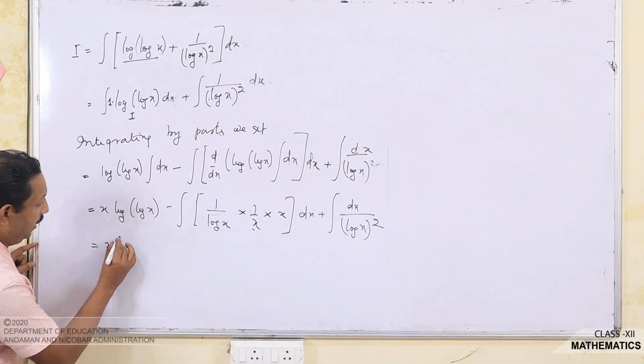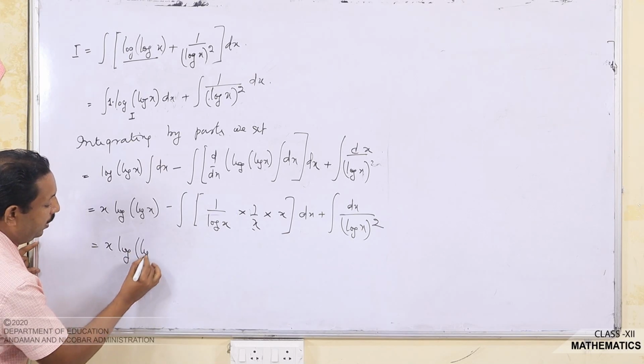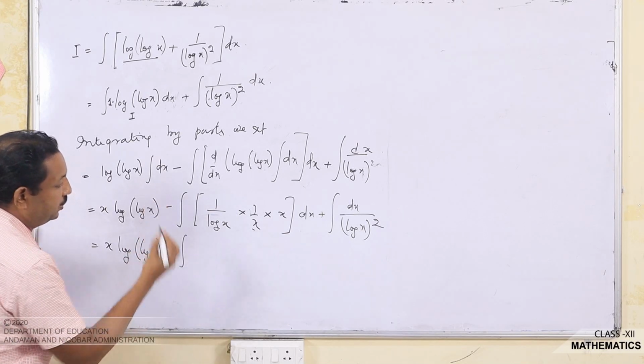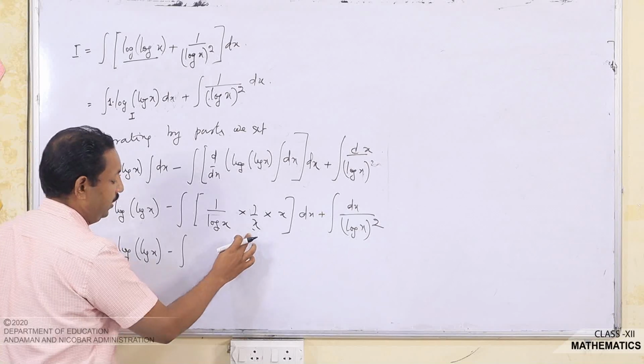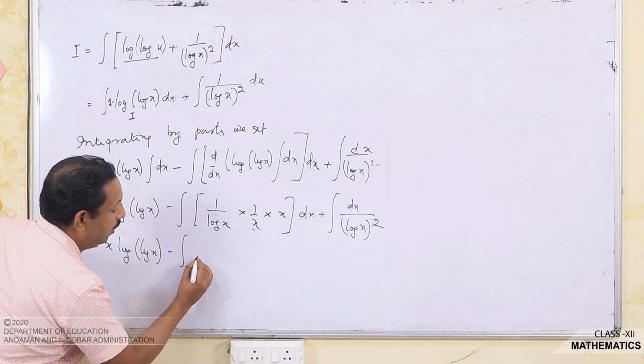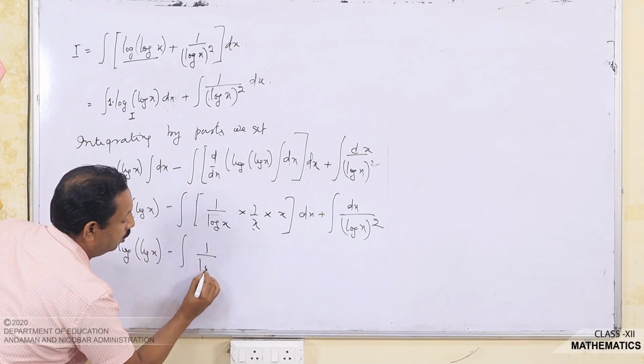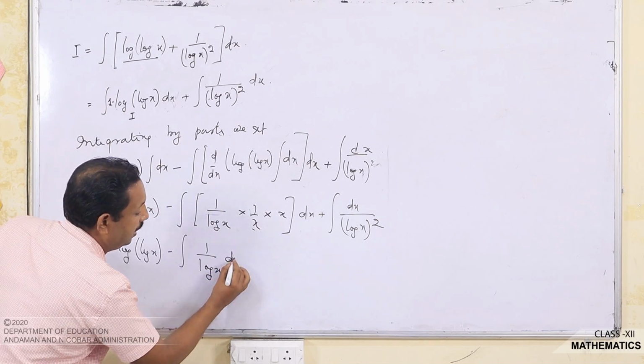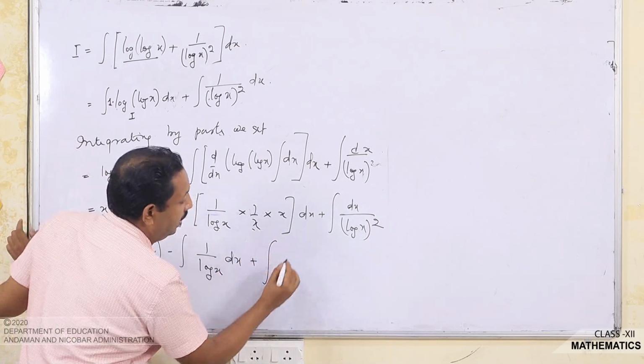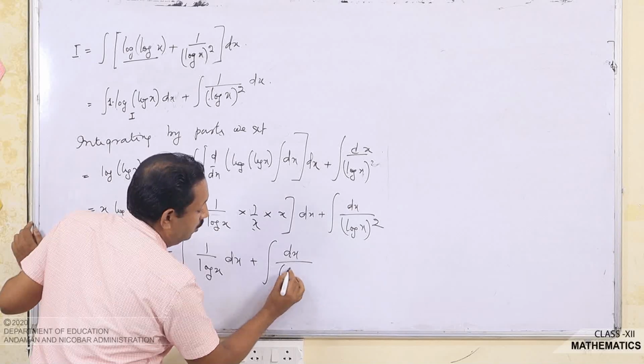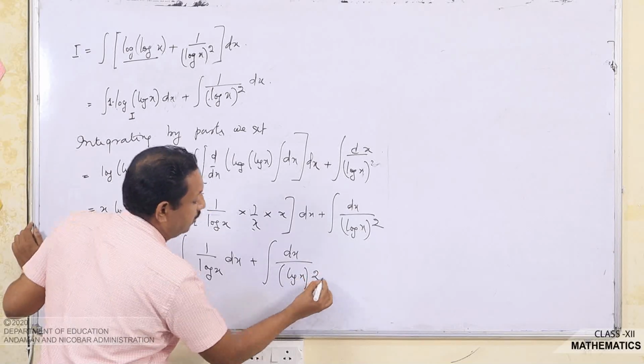So x log of log x minus integration, see this x will cancel, you will have 1 upon log of x dx plus integration of dx upon the log x the whole square.